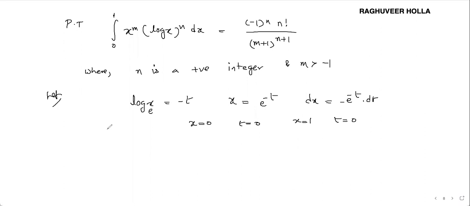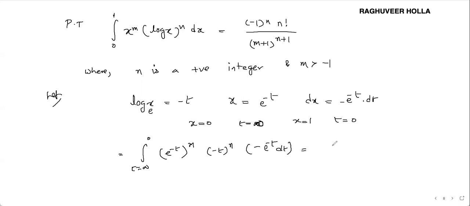So now let us substitute. This is the integral from t is infinity to 0, e to the power of minus t to the power of m, minus t to the power of n, into minus e to the power of minus t dt.